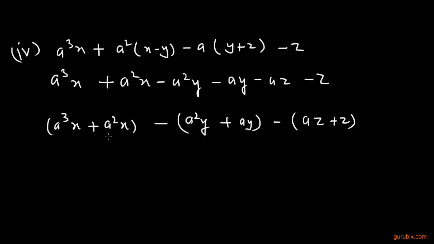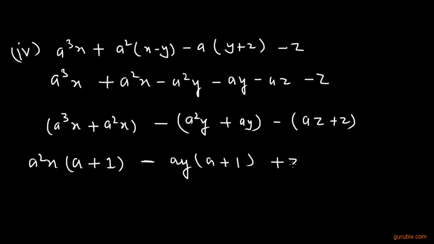Now we can take common a square x from these two terms of the bracket. We get a square x, and here is a plus 1. Same as we can take common ay from these two terms of the bracket. We remain here with a plus 1.